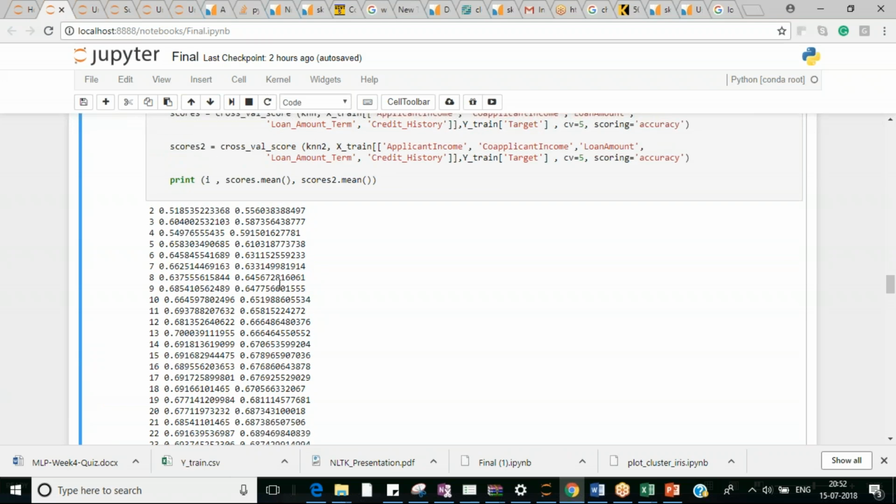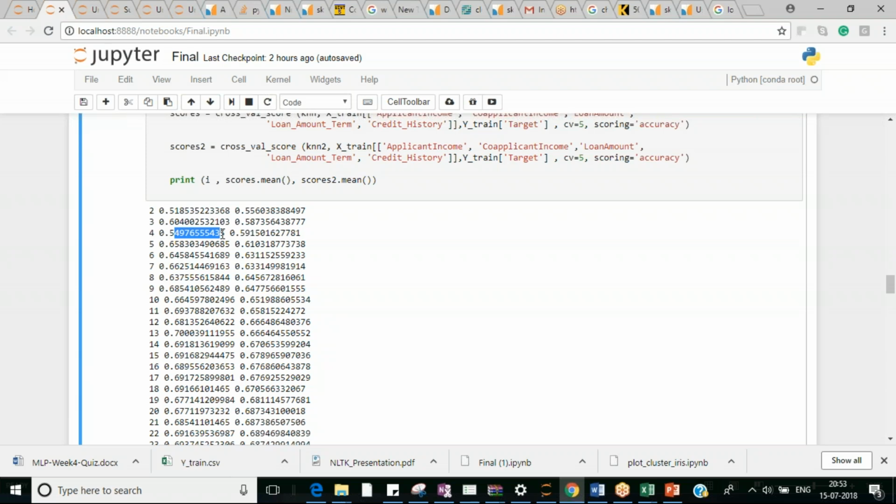One is 0.63, one is 0.64, then one is 0.68, the other is 0.64 again. Sometimes it is higher also, like this one, 0.59, this is 0.54. So when you have four nearest neighbors and you take the weightage, it is higher than if you don't take the weightage. So you have to see your algorithm's performance. You cannot judge it directly. Okay.